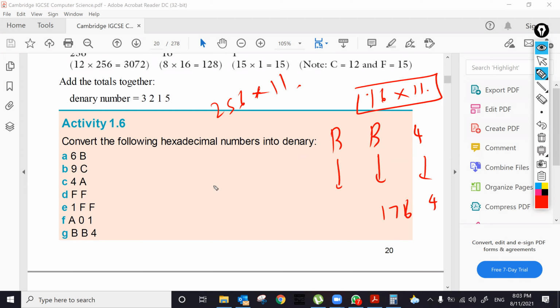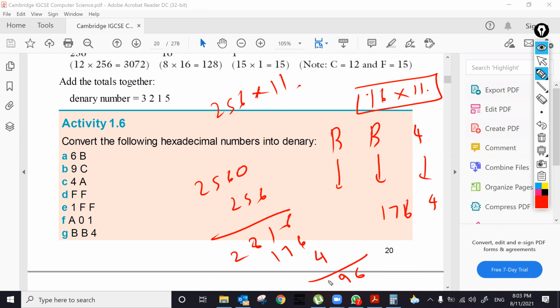Here we have 2560, 256. Right. So correct? Is this the value? Yes, sir. Okay, right.